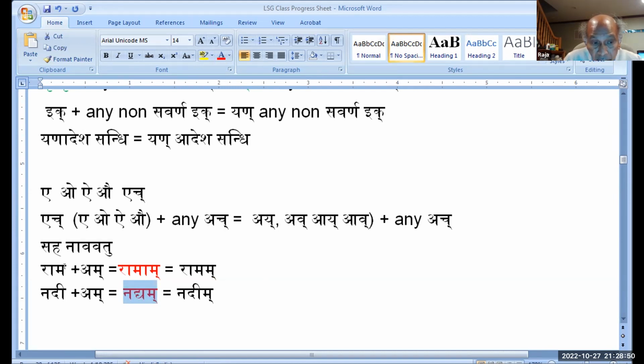Here is the final letter of the first part of the word. This is a usable word, and these are not usable words. This is internal. Nadi, in this case, is not a usable word, but this is the usable word.